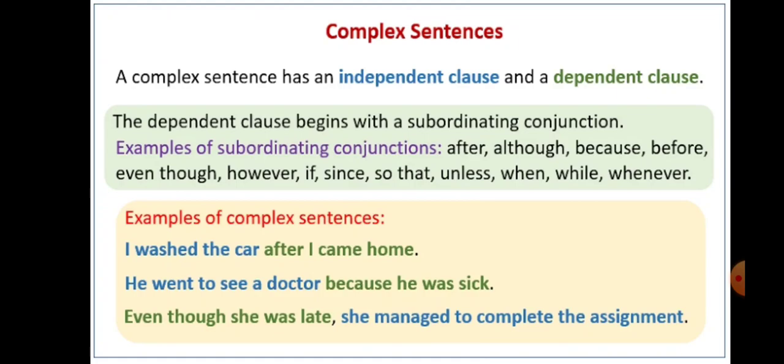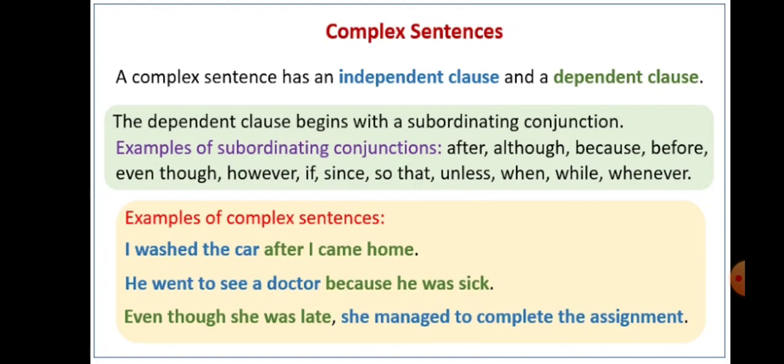This part cannot stand alone and it doesn't convey complete sense. So we need a subordinating conjunction to join the dependent clause with the independent clause to convey the complete sense.